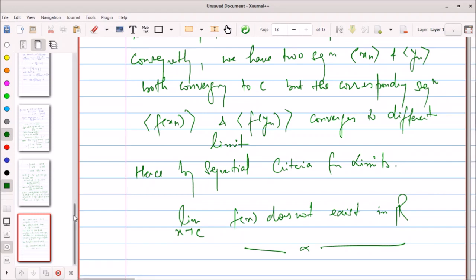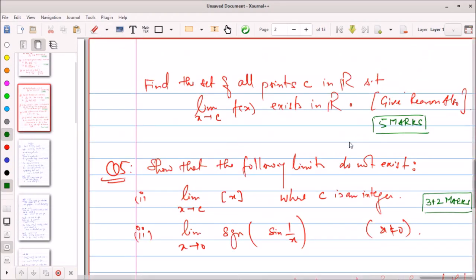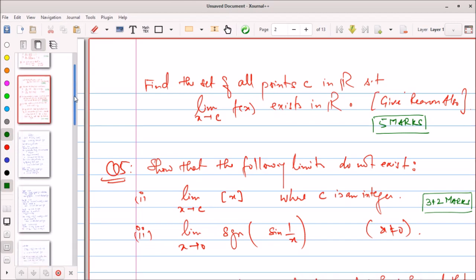Now let us move to question number 5. What is question number 5? We have to show that the following limits do not exist. The first is the limit as x tends to c. So we have to show that the limit at the set of integers does not exist for the greatest integer function.